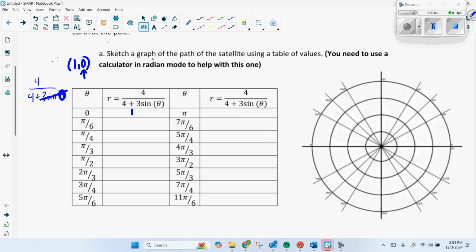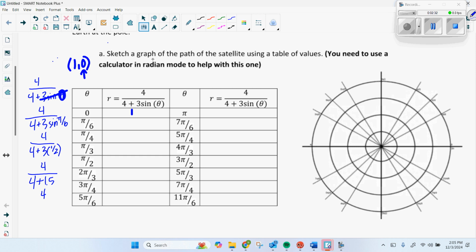Okay, then I'm going to have 4 over 4 plus 3 sine pi over 6. And the sine of pi over 6 is a half. On the test, we're going to give you one that's a little less obnoxious to do by hand, or when I say the test, I really mean the exam.